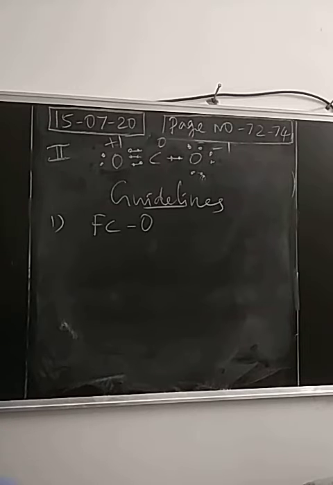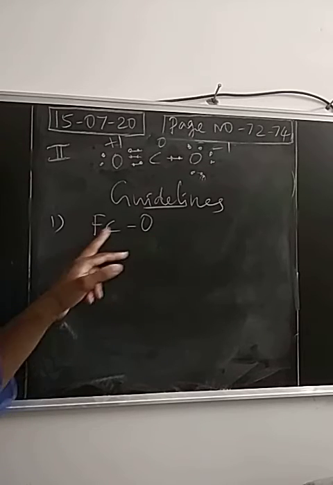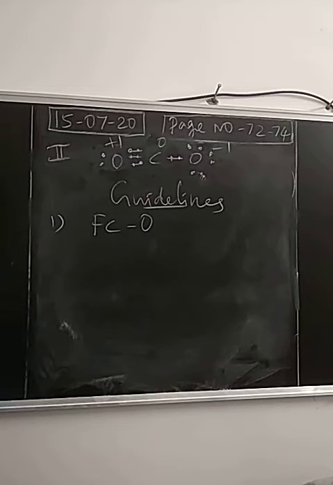This is the first guideline. So this is a possible question: mention the guidelines to fix the preferred Lewis dot structure. If you have more than one possible Lewis dot structure, the structure with formal charge 0 will be considered the preferred structure.